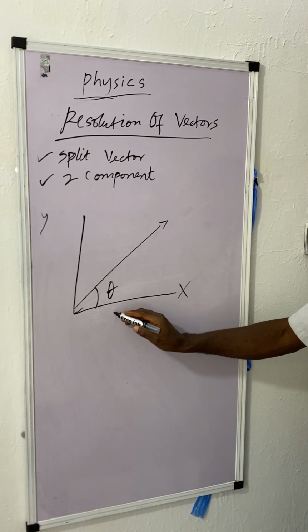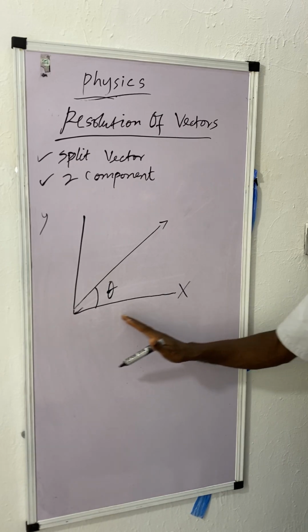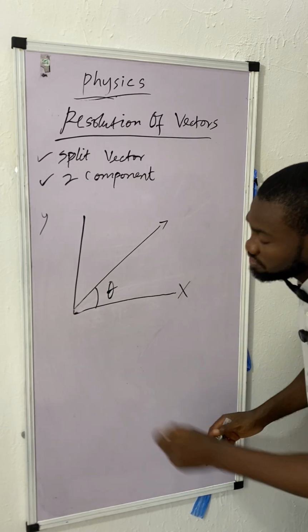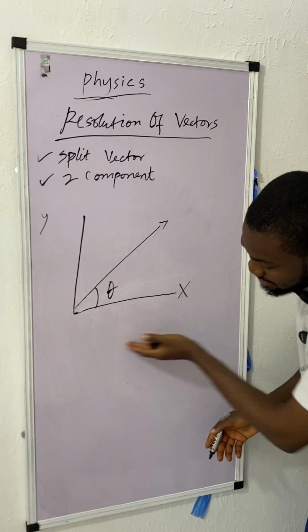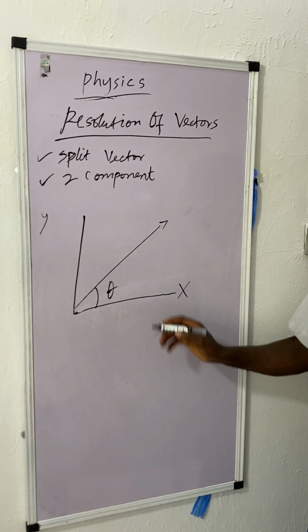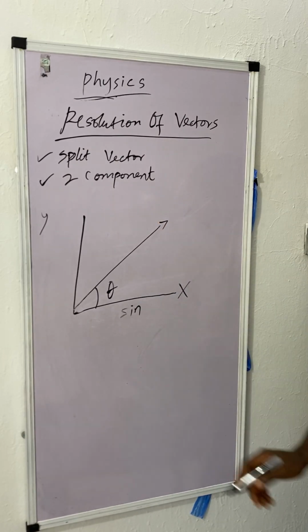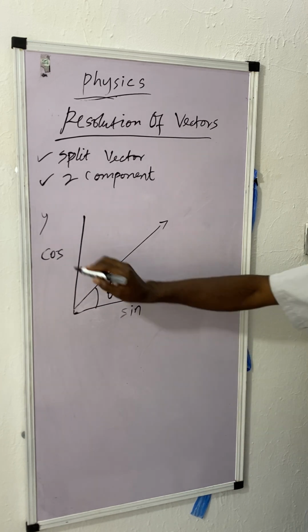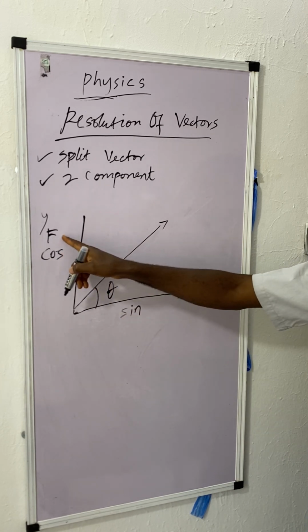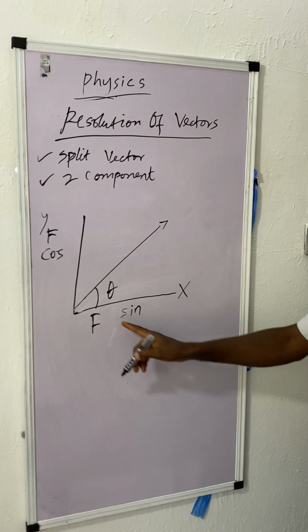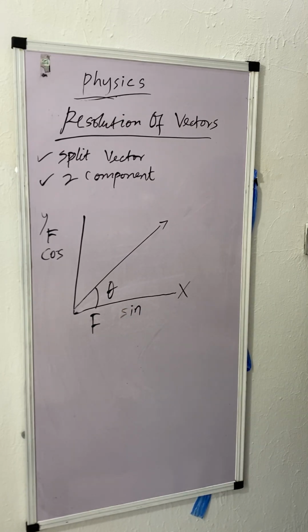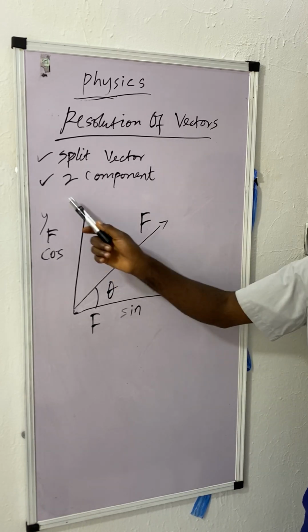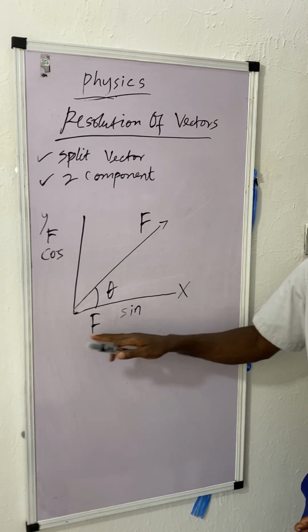So for the horizontal axis, if you are asked to resolve the vector on the horizontal axis, that's like this. Vertical like this, horizontal like this. Horizontal axis is sine, then vertical axis is cos. You are going to be asked to find the vector, either for the vertical axis or for the horizontal axis.